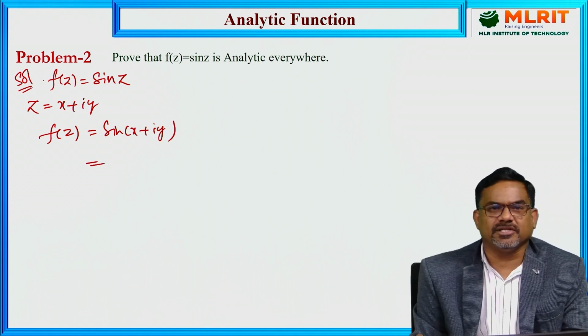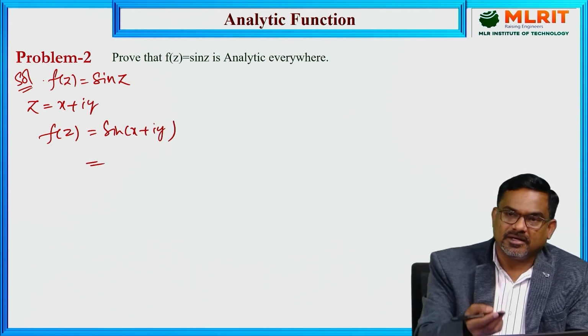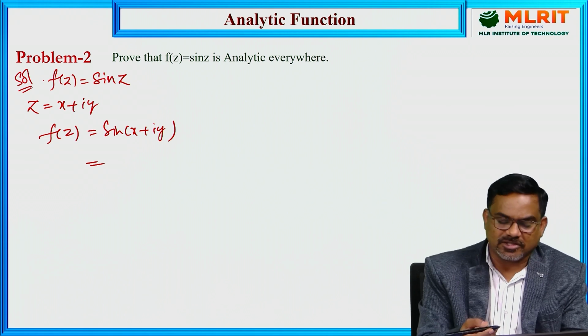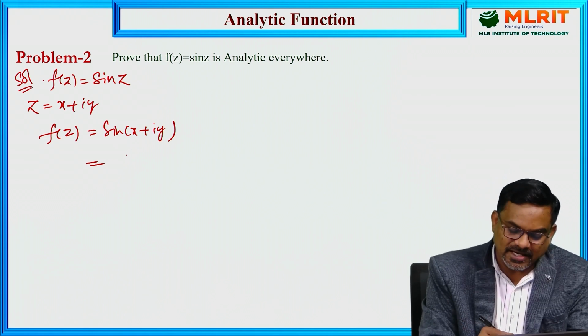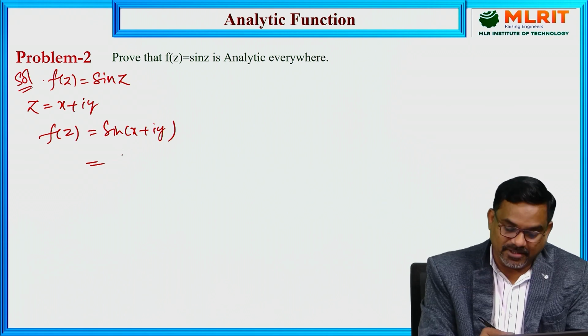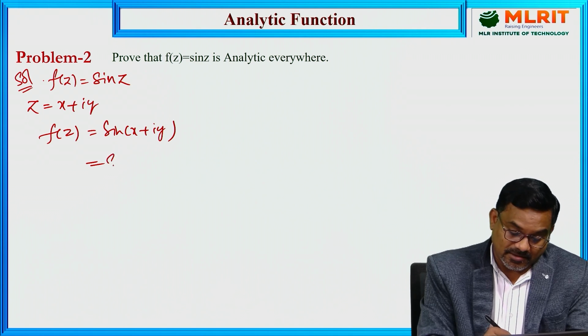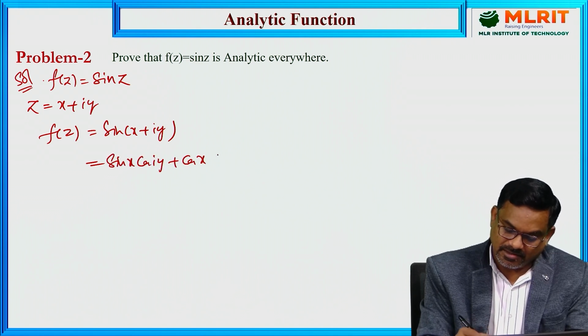Now, which is in the form of sin(a plus b), and all of you are familiar with those trigonometric formulae. So, sin(a plus b) is sin a cos b plus cos a sin b.